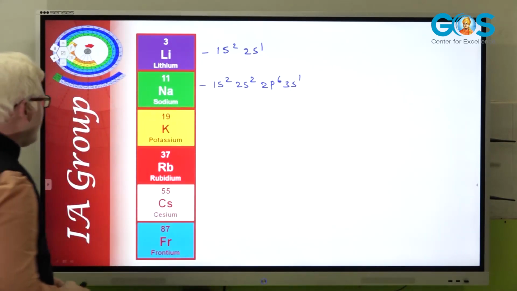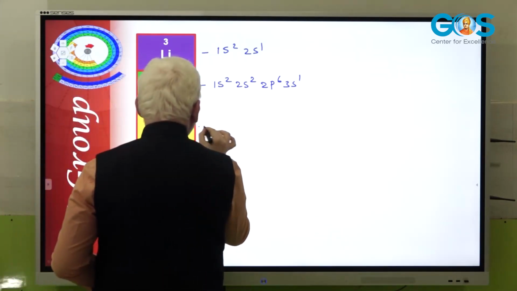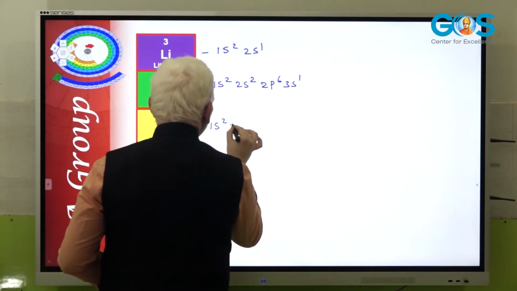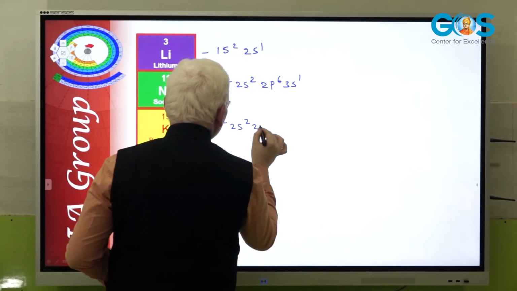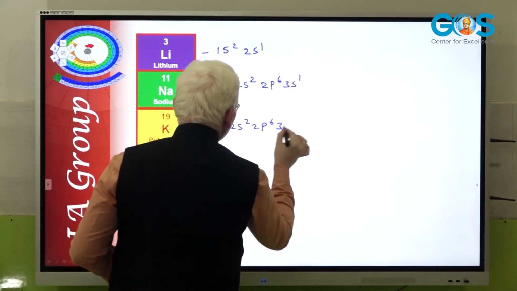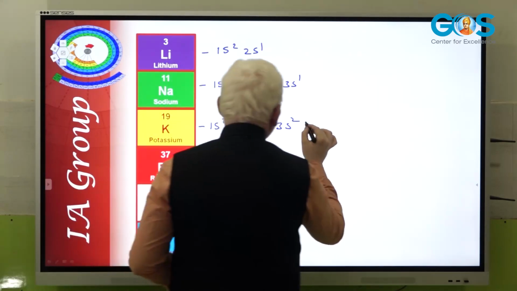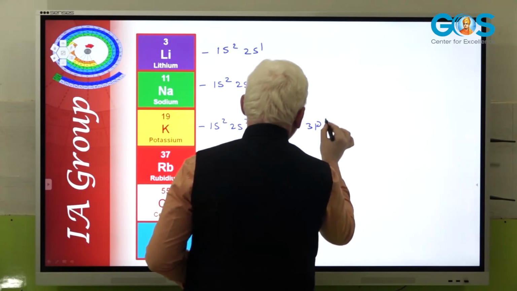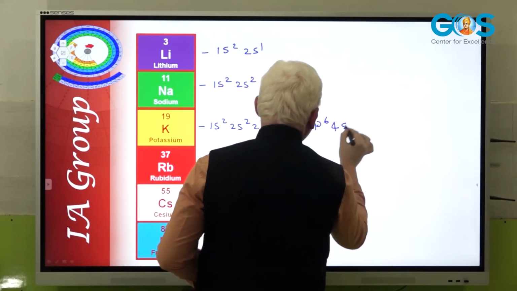The electronic configuration of potassium is 1s2, 2s2, 2p6, 3s2, 3p6, 4s1.